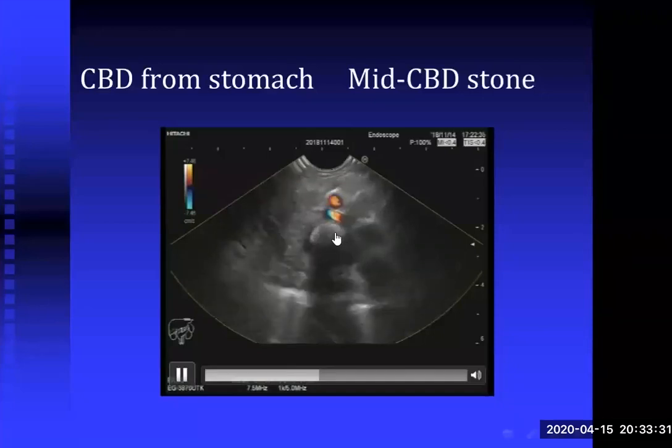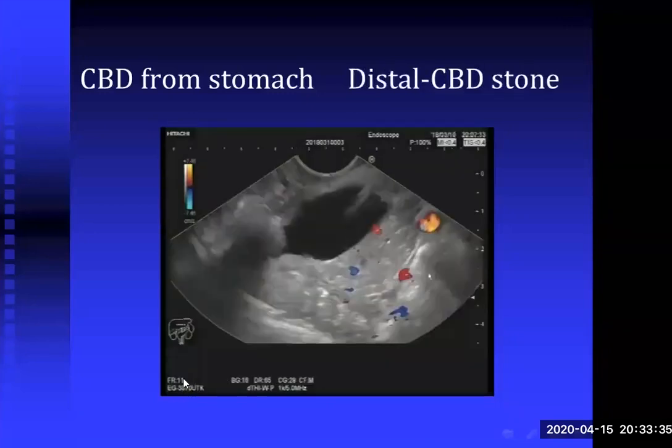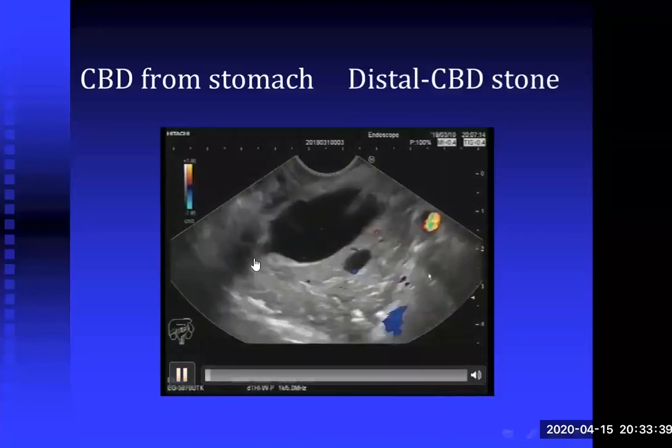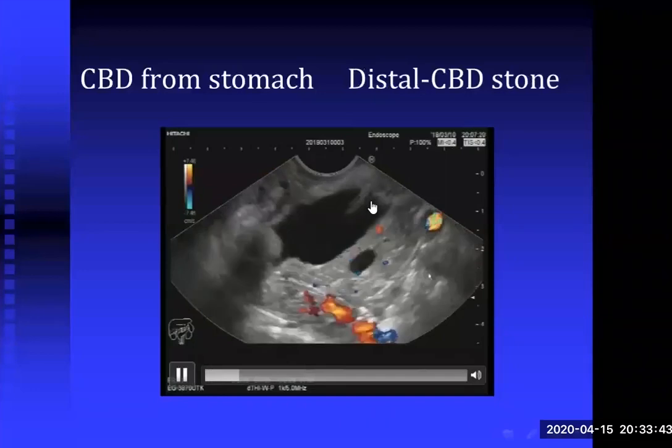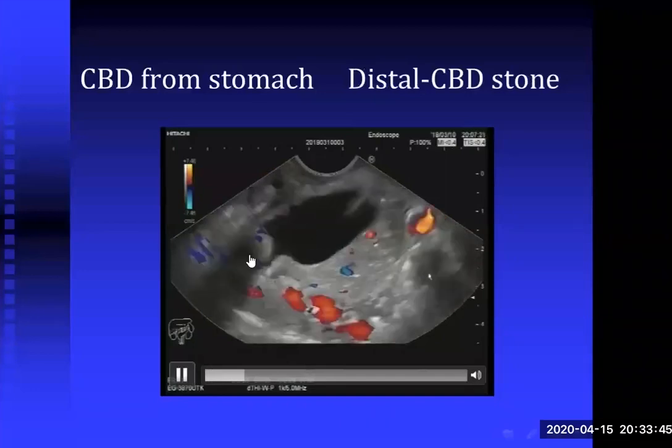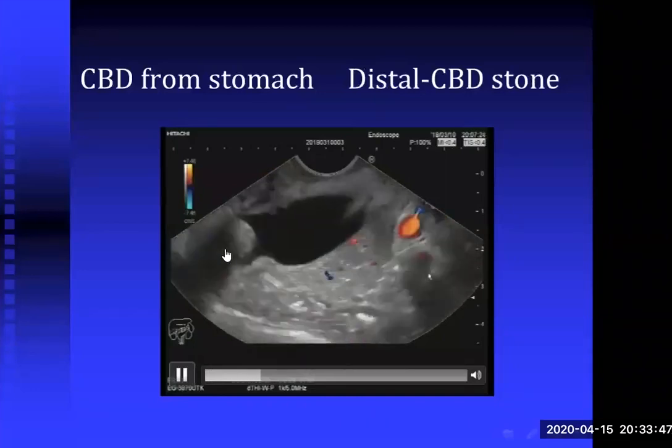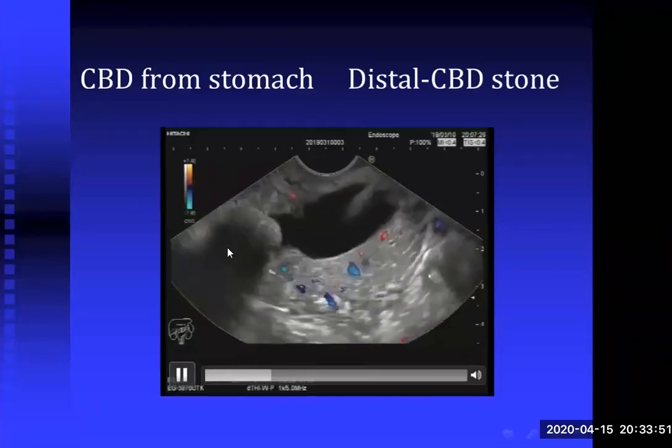This is another video from the same station, but it is a large distal common bile duct stone, an impacted stone at the region of the papilla. This is the common bile duct, hugely dilated, with a large stone impacted in the region.